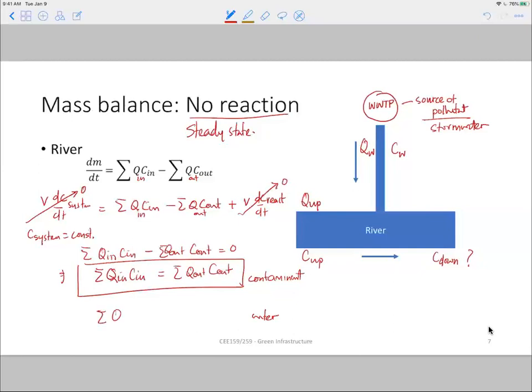The sum of Q in should be the sum of Q out. That's for water. So this is a mass balance if you have no reactions and there are multiple streams combined together.